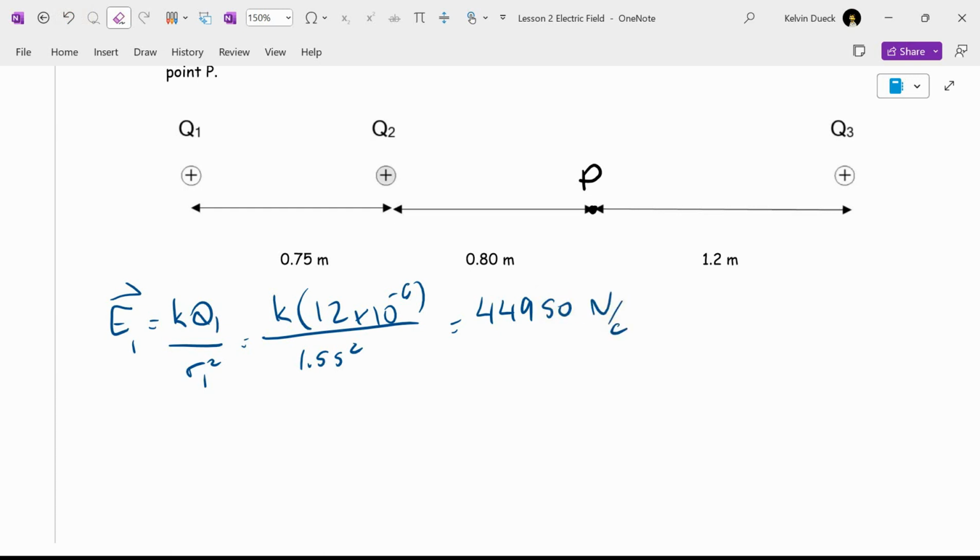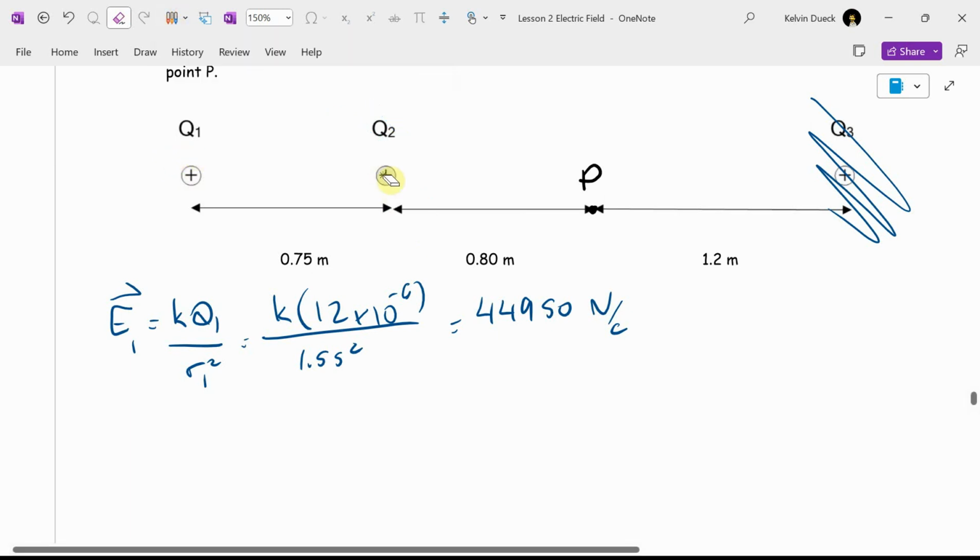Direction. So imagine the middle charge isn't part of this. Imagine Q3 isn't part of this. A positive sitting right at P, will it get attracted toward or repelled away? Would it get attracted to the left or repelled to the right? Well, this was positive, so you were right. Repelled right. Yep. So right.